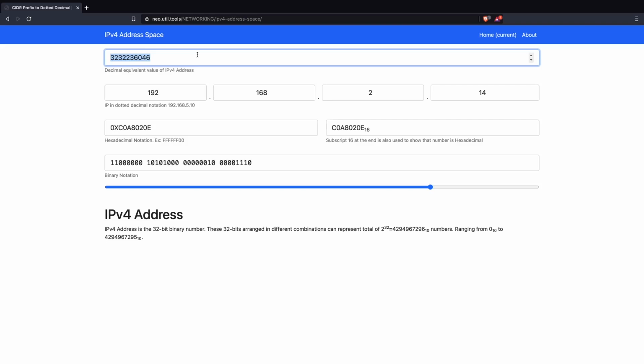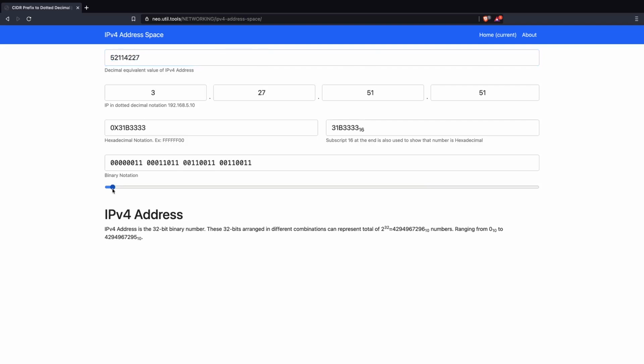Since we can't find 256 different symbols, we simply use the numbers from 0 to 255 from decimal as symbols. And this is the IP address space, representing from 0 to 4 billion addresses. And different notations are very popular.